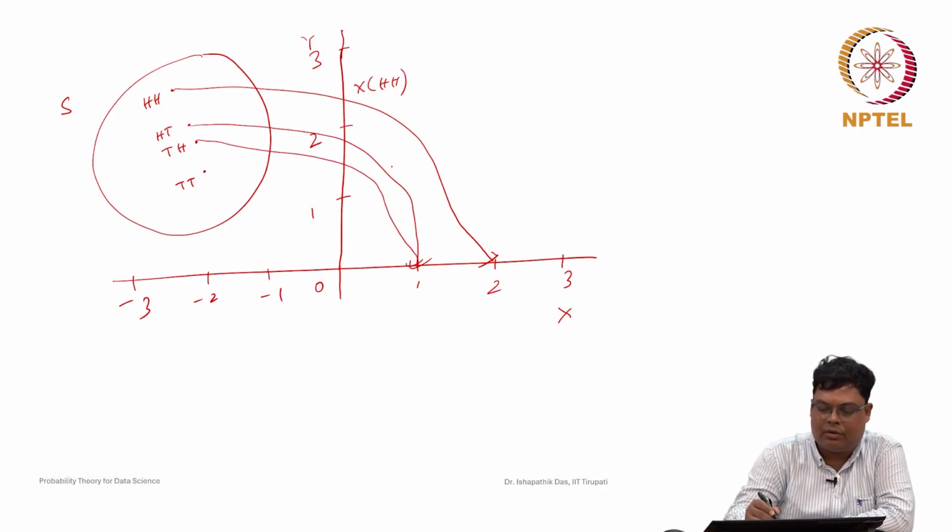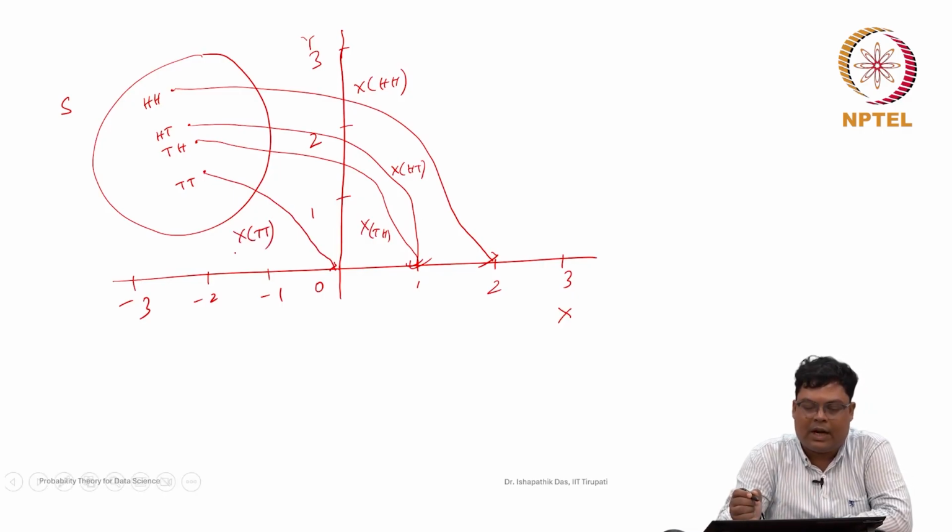So, this is X of HT, this is X of TH, and then TT goes to 0. So, it is X of TT.